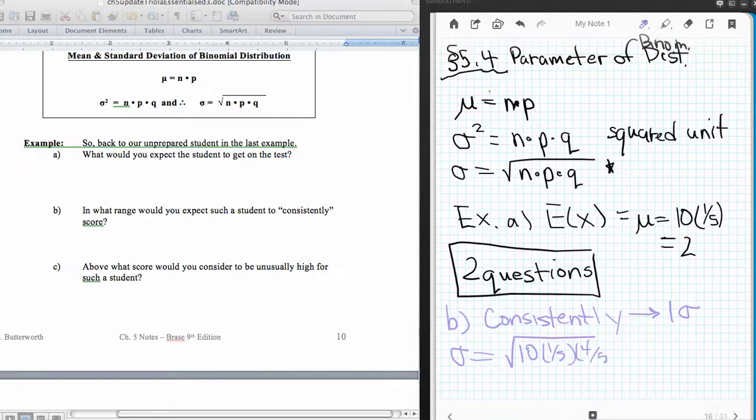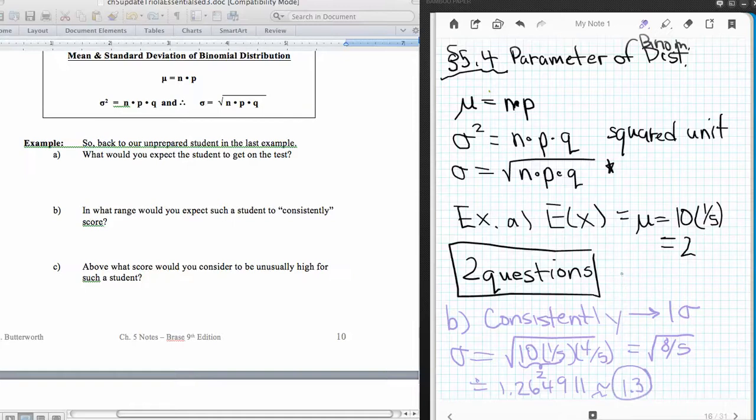So this ends up being the square root of, this was 2, and then 2 times 4/5 would be 8/5, and then we have to take the square root of that value, the square root of 8 divided by 5, and that gives us 1.264911, and that's approximately, with 1 decimal point, 1.3 here. So that's our standard deviation.